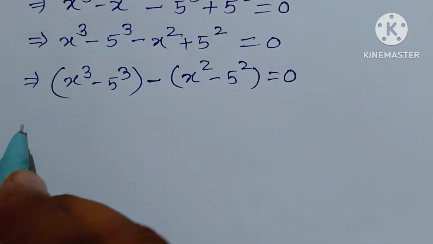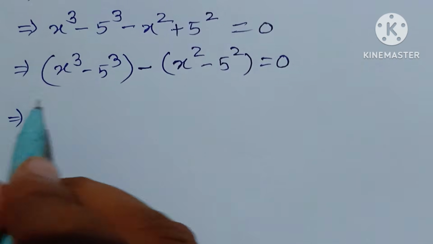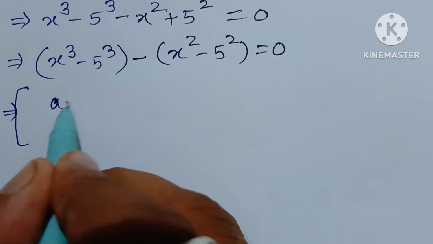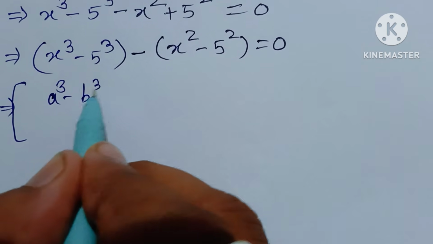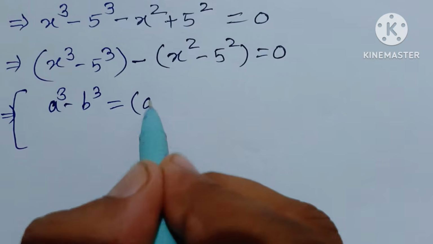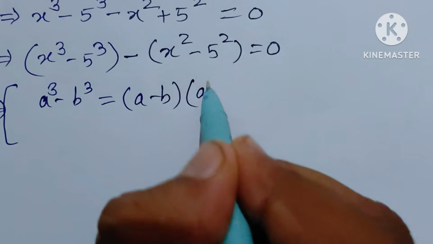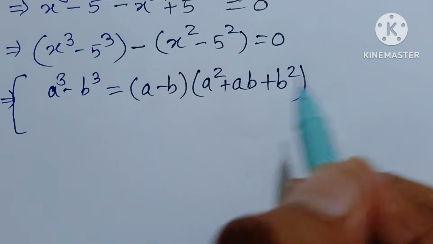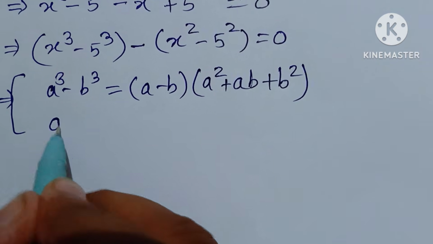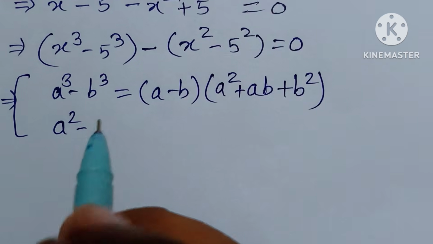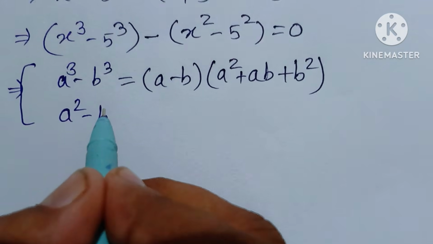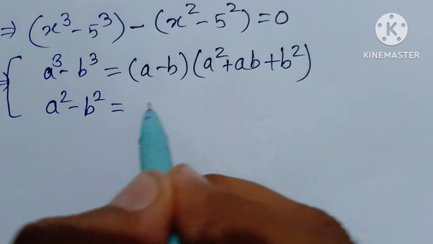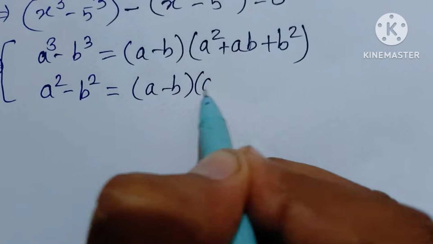Now here we can use the algebraic identities. A cube minus b cube is equal to a minus b, a square plus ab plus b square. Another identity, a square minus b square equal to a minus b, a plus b.